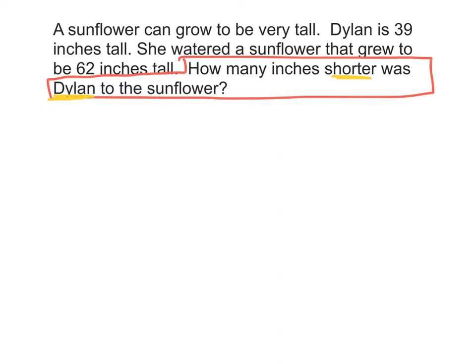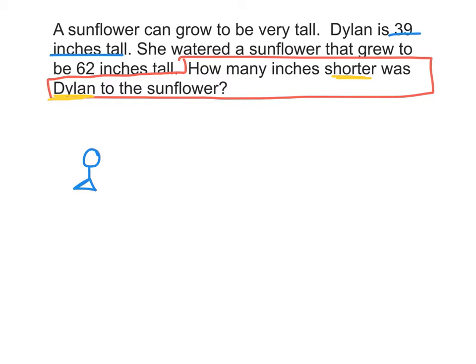So going back, it says a sunflower can grow to be very tall. So basically, they're just giving us some background on the flower. Let's read the next sentence. Dylan is 39 inches tall. So that is some information we could definitely use. So in other words, here's Dylan.